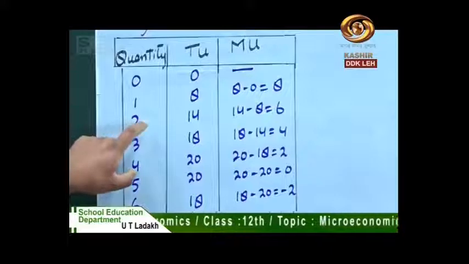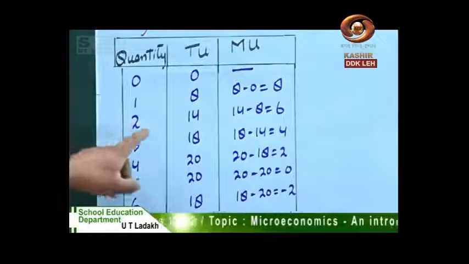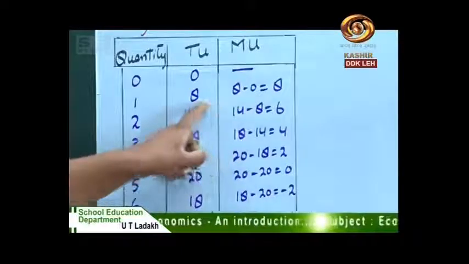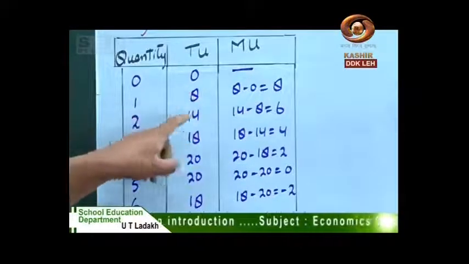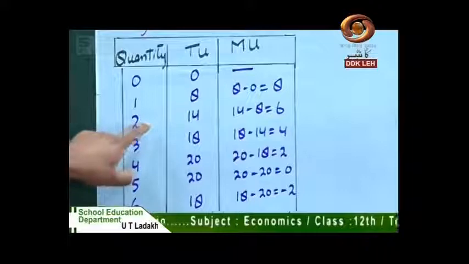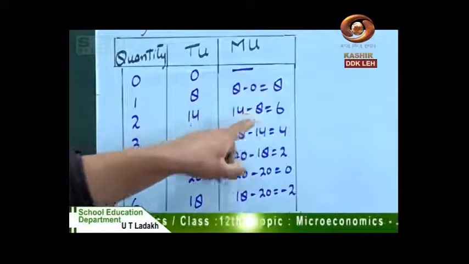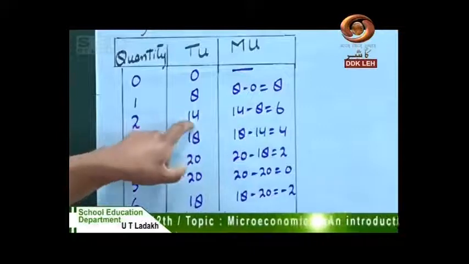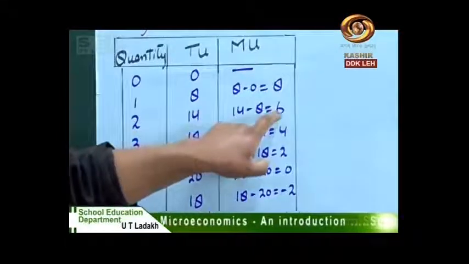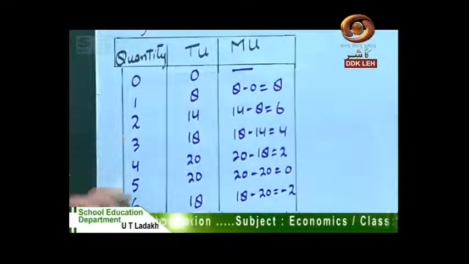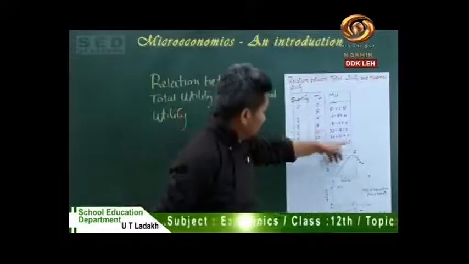It does not include the utility of the first unit. So to find the utility of the second unit, you have to deduct the utility of the first unit from the total utility of the second one, which will be equal to 6. Then it will be the marginal utility of the second unit. Similarly, you keep on going till the end.